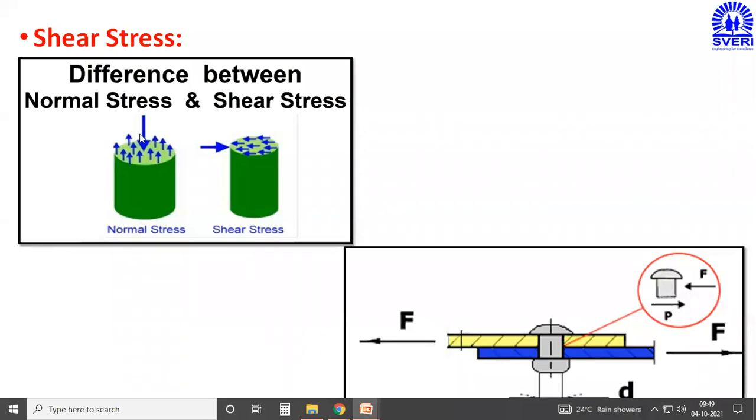In the first figure, these arrows are exactly perpendicular to the cross sectional area, which means that stress will be considered a normal stress or direct stress, whether it is tensile or compressive, because tensile stress, compressive stress, normal stress and direct stress are always perpendicular to the cross sectional area.